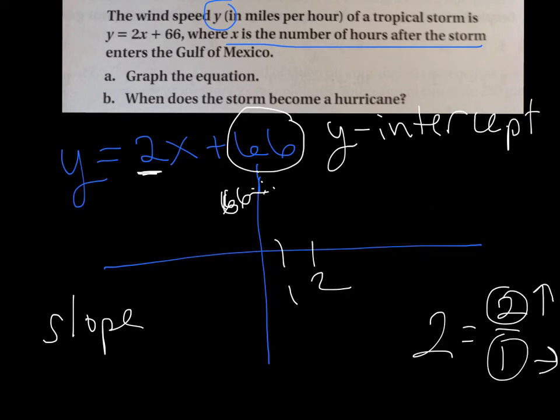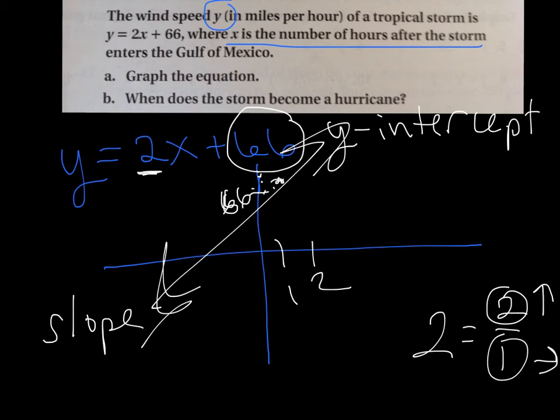So we'd count up 2 from 66 to 68 and go over 1 on the x-axis, and then we would graph it. Again, this is just a really rough graph just to talk about it. You would graph something like this probably on a calculator since this y-intercept 66 is a big number.